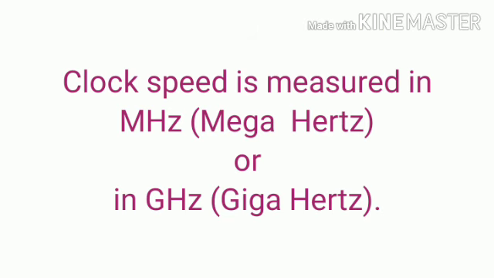In general, speed is measured in hertz. In the same way, clock speed is measured in megahertz or gigahertz. In short form, MHz for megahertz and GHz for gigahertz. Hertz is commonly used to measure wave frequencies such as sound waves, light waves, etc.